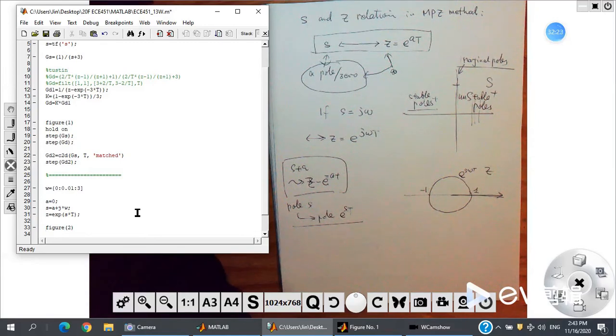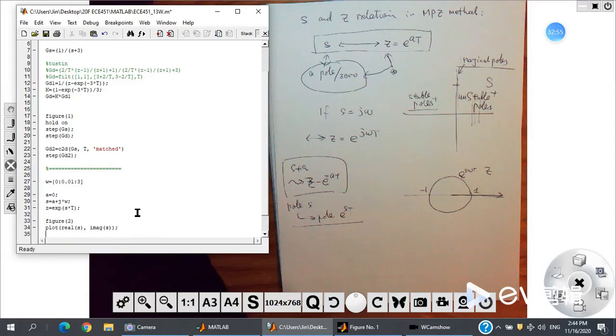In figure 2, I just plot S: the real part of S and the imaginary part of S. This will be a straight line, hopefully.